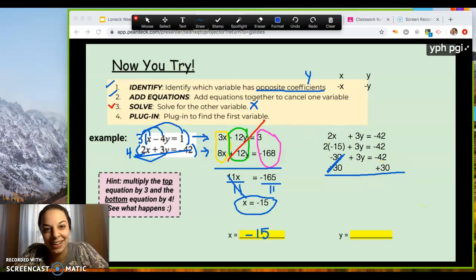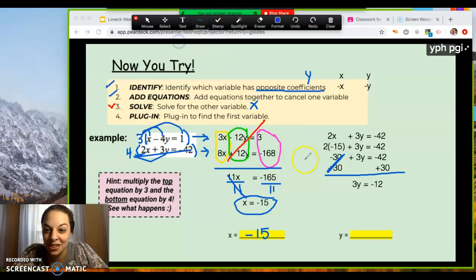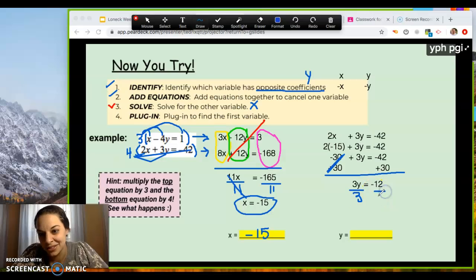And then what remains on that side is just the 3y, the positive 3y, equals negative 42 plus 30, which is negative 12. At this point, we're going to divide by 3 on both sides because the whole point is to figure out what y equals.